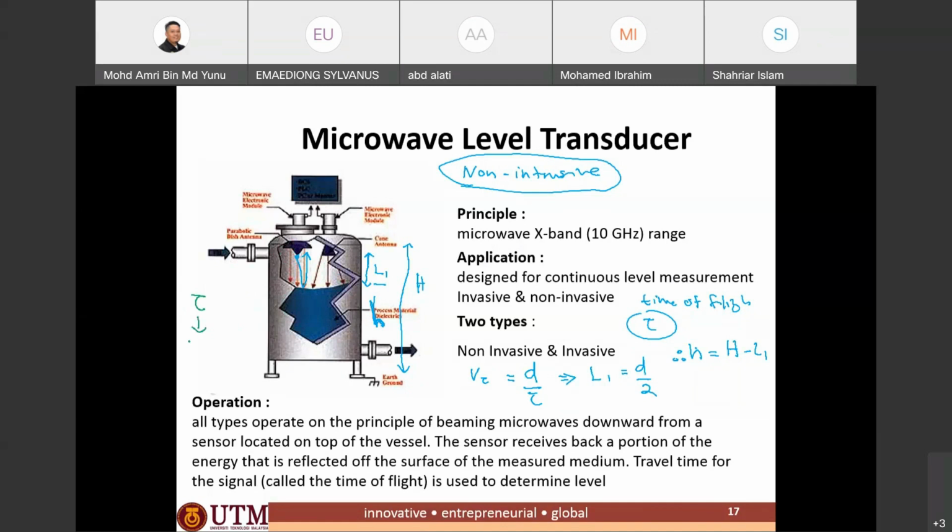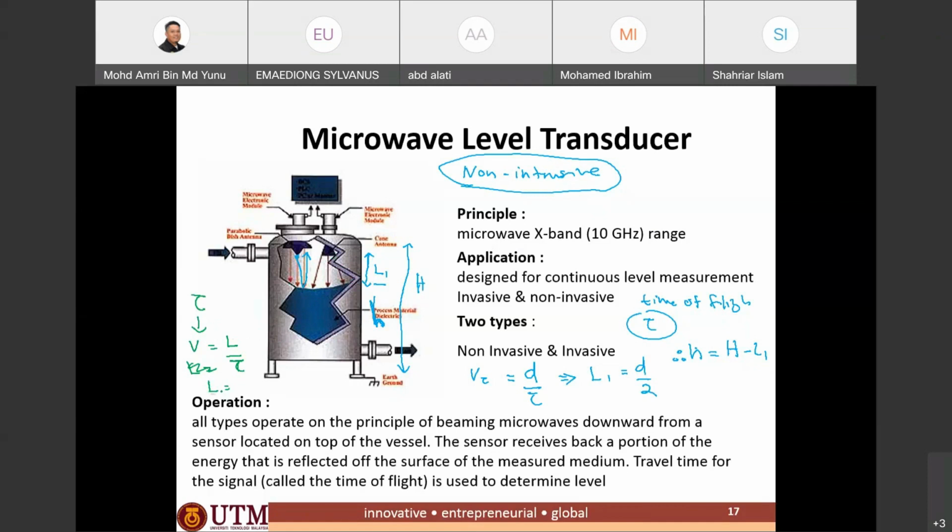If we know the velocity of the microwave signal, we can estimate the total travel distance L. We know that the velocity is equal to the total distance divided by the time of flight, so we can estimate the total distance L. But the distance from the sensor to the surface is half of the total distance traveled by the signal.